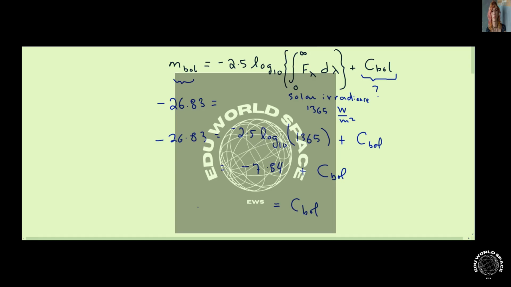It is minus 18.99. As far as I know, we don't actually ever use this constant for anything, but it is an arbitrary reference point in the bolometric apparent magnitudes.